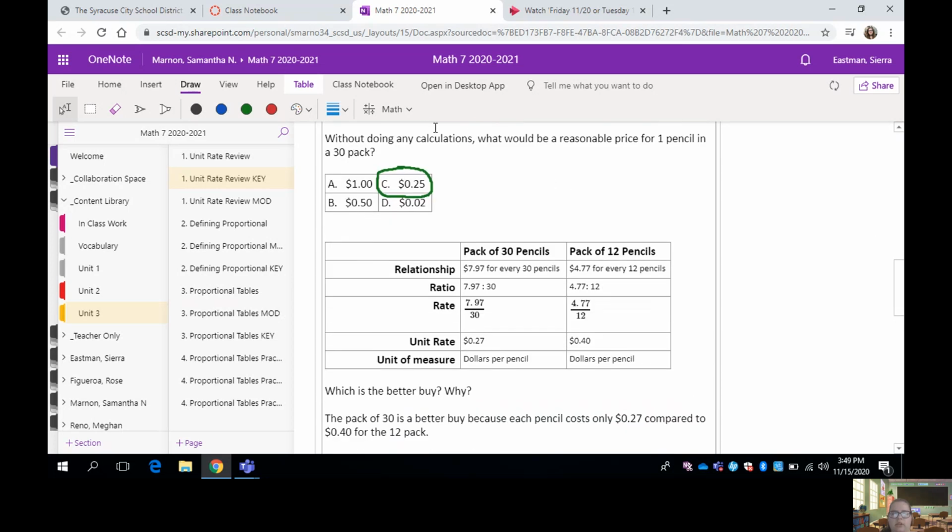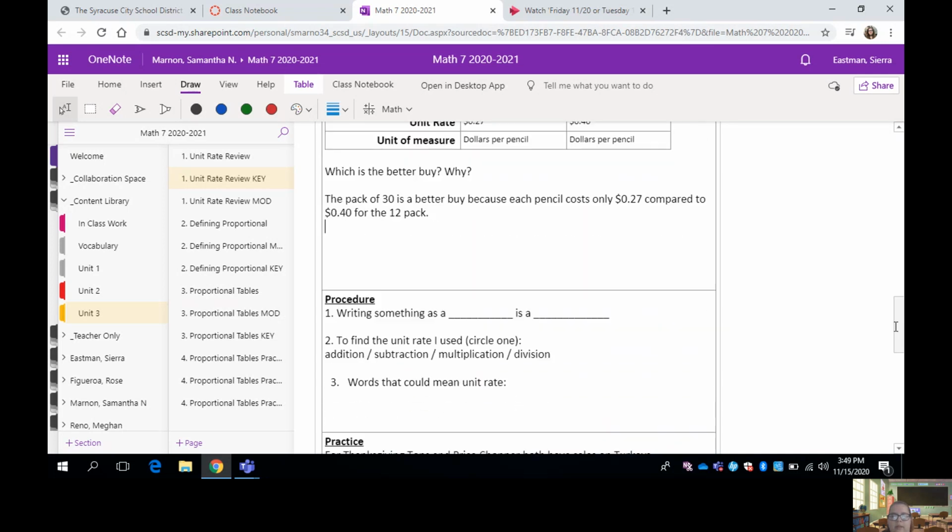So what we did there, we took the relationships that were given in the question. Then we created a ratio or a rate. So our ratio was 797 to 30 pencils, 477 to 12 pencils. These are very similar here. Our rate we can then use to divide into a unit rate, and that helped us answer this final question here.